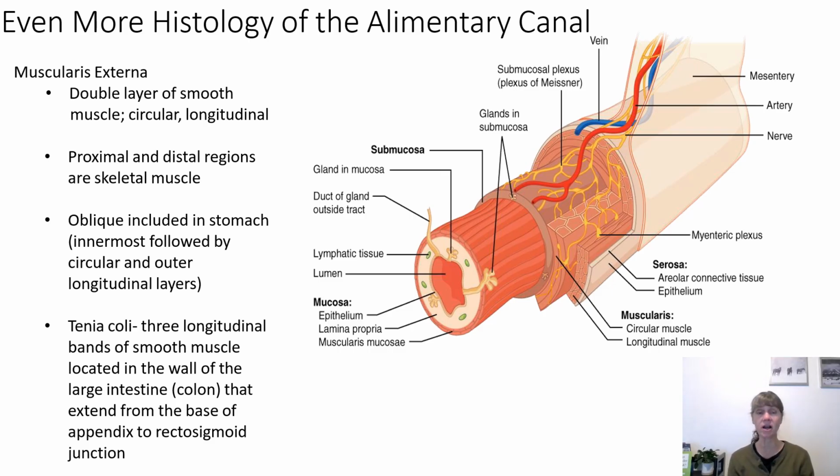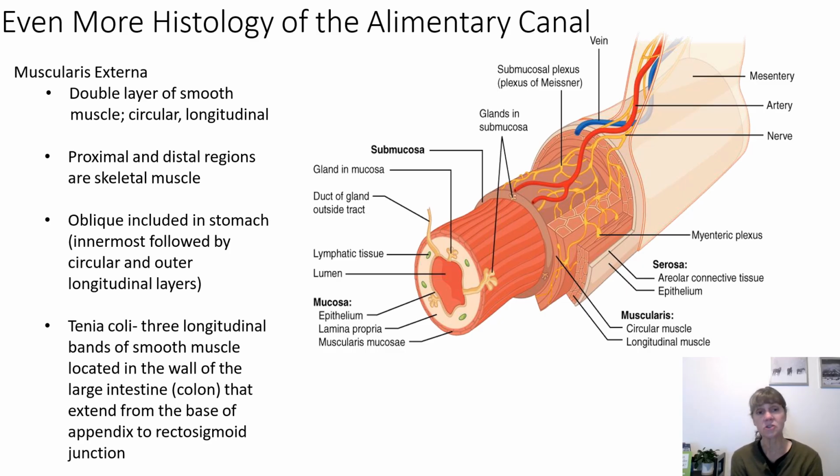The innermost layer of the muscularis externa is a circularly oriented muscle, whereas the external portion of the muscularis externa is the longitudinal layer, so that the alimentary canal can squeeze and then shorten, and then squeeze and shorten, to move food through the alimentary canal in waves known as peristaltic waves or peristalsis.